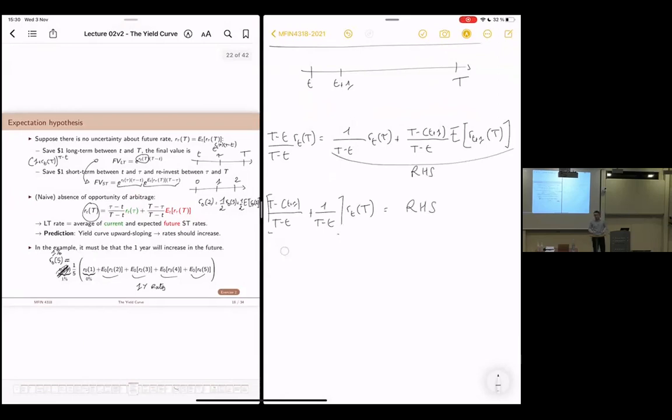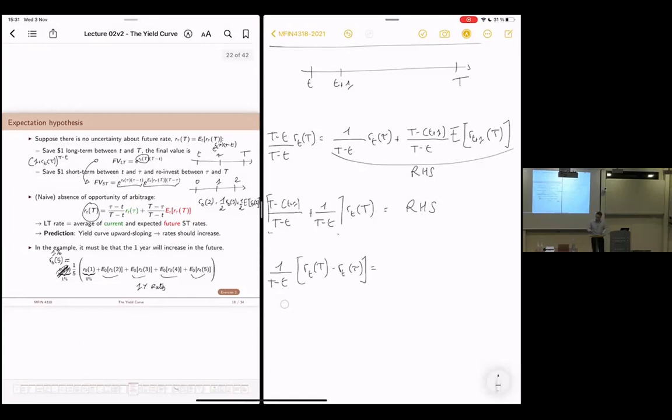Okay. Now, if I rearrange this expression, what I'm going to get is 1 over big T minus t. So it's a bit cumbersome, but this is just to make sure that everybody knows how we go from one to the next. You see that there are two terms that are multiplying 1 over big T minus t.